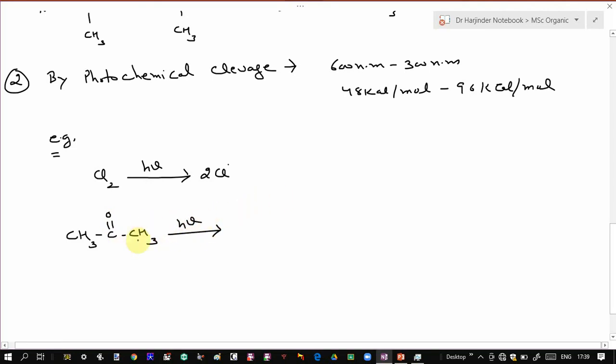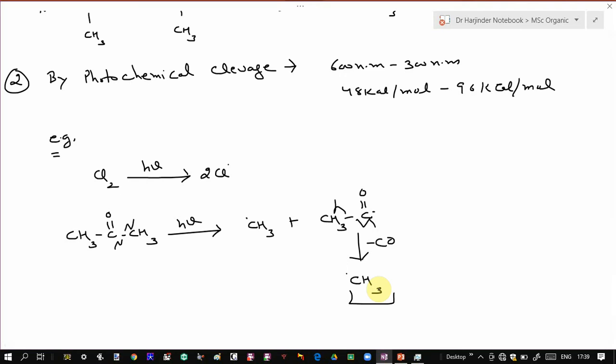So in presence of light, this carbon-carbon bond undergoes a homolytic bond cleavage to give rise to a methyl radical plus acetyl radical, which further undergoes a homolytic bond cleavage with loss of carbon monoxide to give rise to another methyl radical. So in this way we can also prepare these free radicals by homolytic bond cleavage using photochemical reactions.